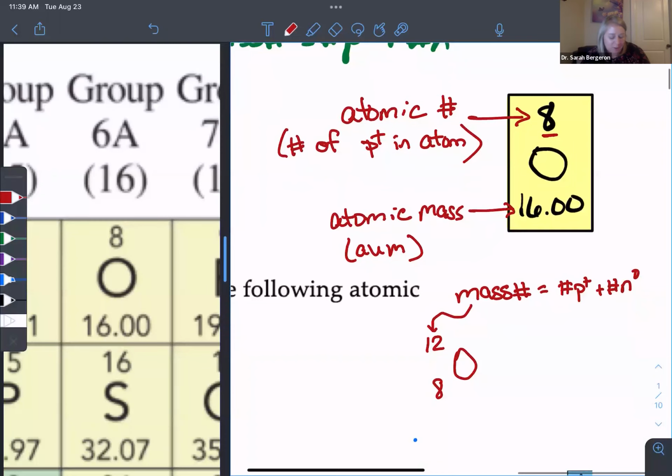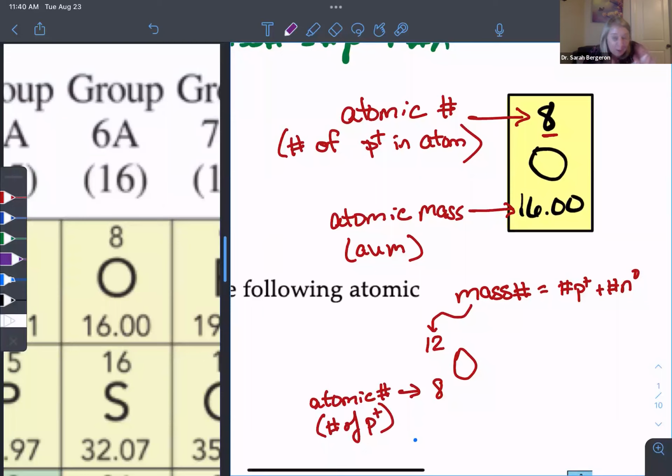Let's see if I can derive some more information from this. If I know my mass number, that means I know how many total protons and neutrons there are. And if I know down here my atomic number, then I know the number of protons. So if I know both my mass number and my atomic number, all I have to do is subtract the two. I love it because I just draw a line.